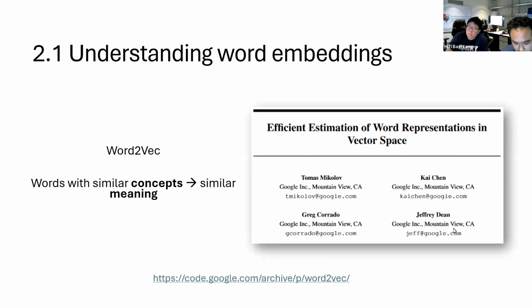One of the earlier algorithms that transform words into these vectors is known as word2vec, introduced by the team from Google, Tomas Mikolov, back in 2013. The way it works is that words with similar concepts tend to have similar meaning.